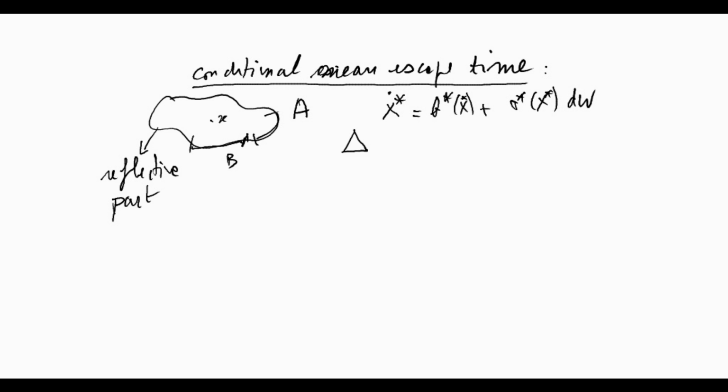So let's assume here that sigma star equals the identity, or let's say square root of 2d, the identity.